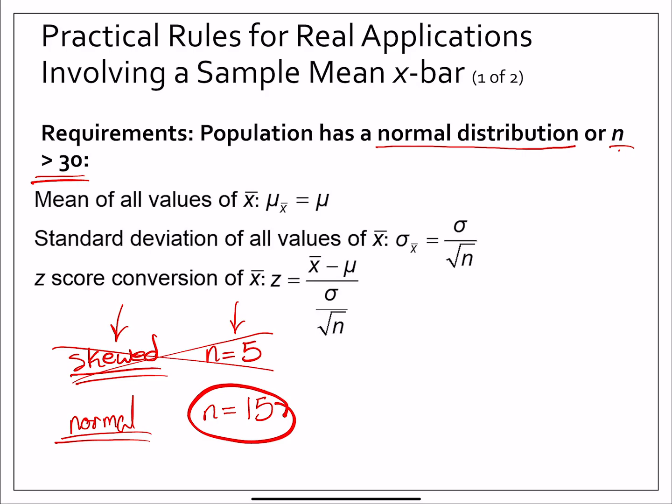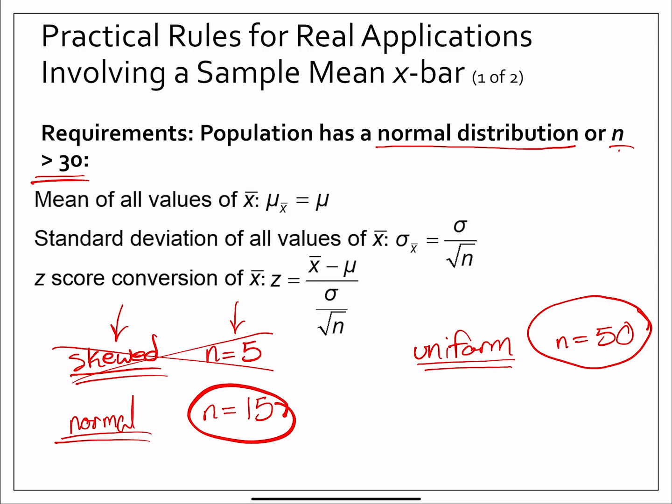Let's do one more. What if we had a uniform distribution and our sample size was 50? Would this work? Well, it's not a normal distribution, but look at our sample size. Our sample size is 50, so this will work, because either we needed to be a normal distribution or we needed a sample size bigger than 30.